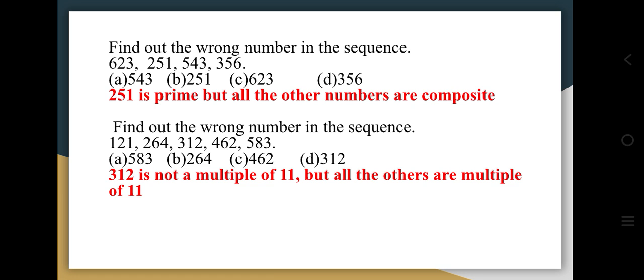So if you identify it that way, the wrong number is 356. The other one is 251 is prime, but all others are not prime. They are composite numbers.